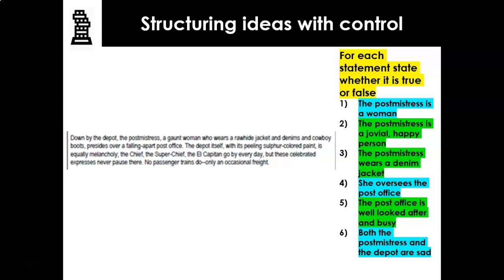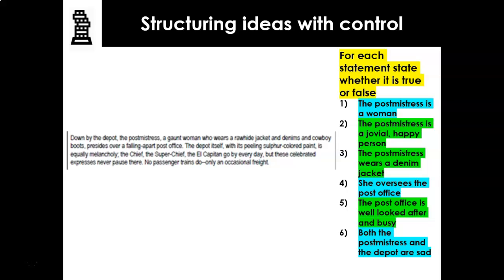And the postmistress and the depot are sad. Now, why is that true? This is the hardest one because this is about that skill of inference, reading beyond the obvious. And if you got it, it's true for a guess, fair play. But if you understood why and you tied it into this word melancholy, brilliant. I love it. So let's just look at the sentence.